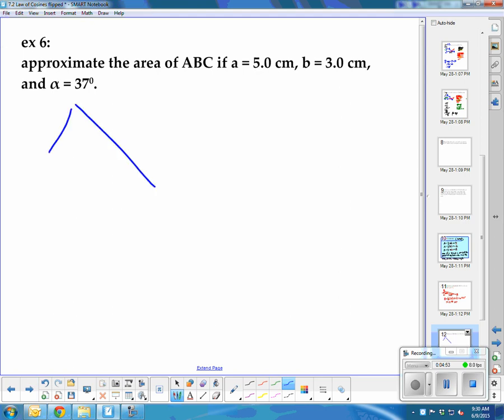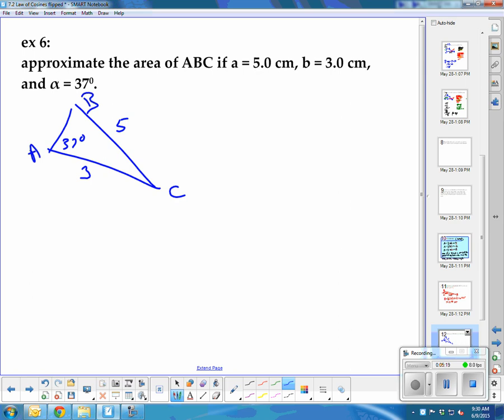So I might have some triangle A, B, C. Alpha 37 degrees, A is 5 and side B is 3. So I can see here that I have two sides and an angle, but I don't have the included angle.